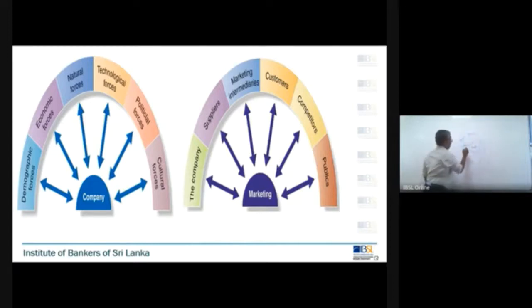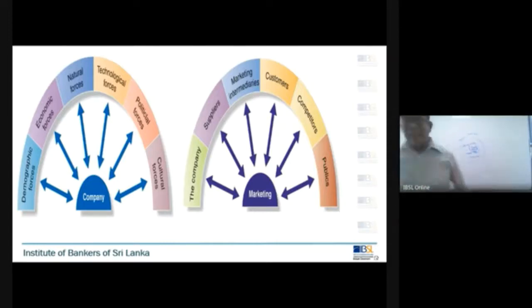Micro is your customers, your competitors, all that comes here. Inside you have employees, the management, board of directors, like that, your entire bag, right?